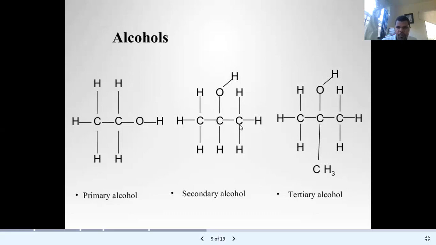Now, this one here is a tertiary carbon. Therefore, this is a tertiary alcohol because the OH is attached to it. What makes this a tertiary carbon? The fact that it's connected to three carbons: the one in front of it, the one behind it, and the one below it.